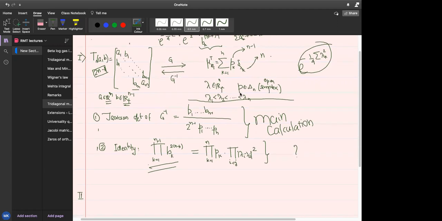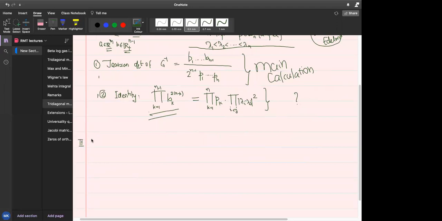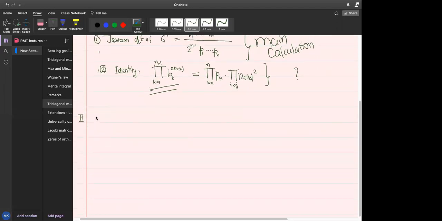Okay. If not, let me explain how this first came about. This was basically done by Edelman and Dumitriu. In 2000, but before that, in 1984, Trotter had already got a tridiagonal model for GUE or GOE.